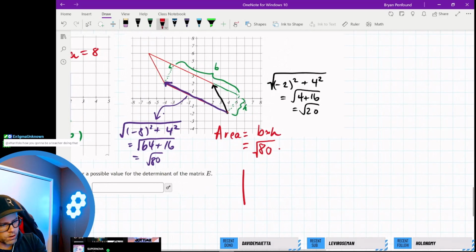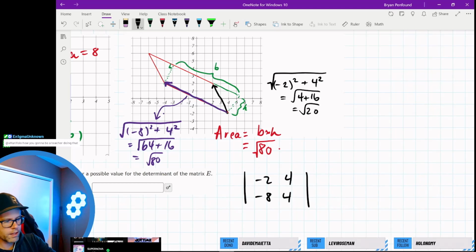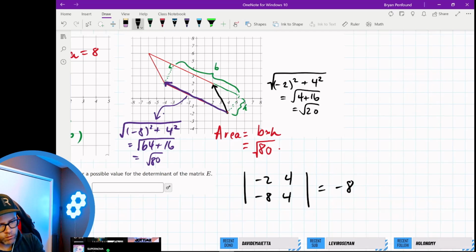These vectors were -8 and 4, and we had -2 and 4, I think. -8 and 4 and 2 and 4. So this determinant should represent the area of the parallelogram spanned by these two vectors. So -8 minus -32. So 30, basically 32 take away 8, which is 24.